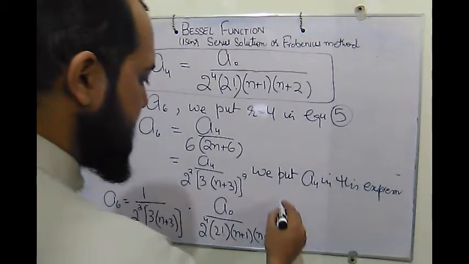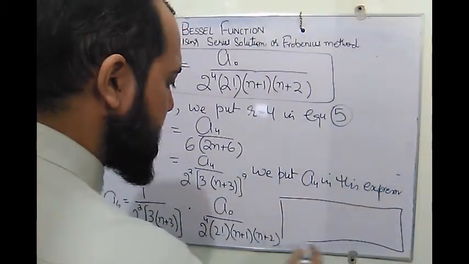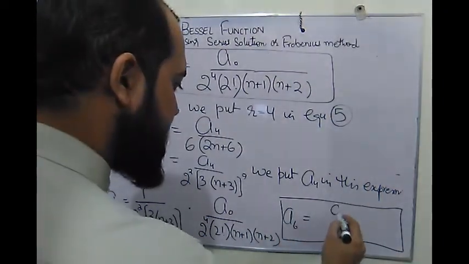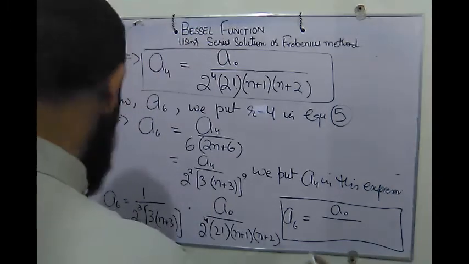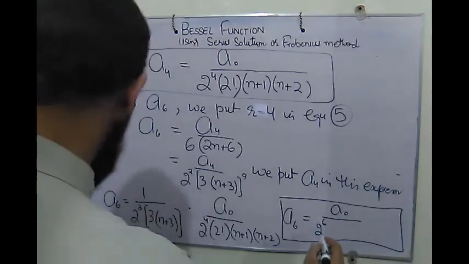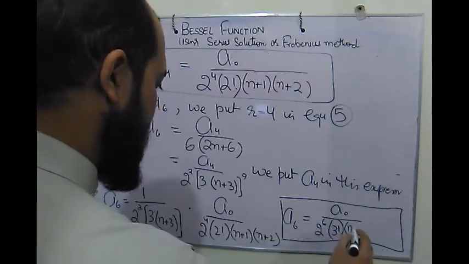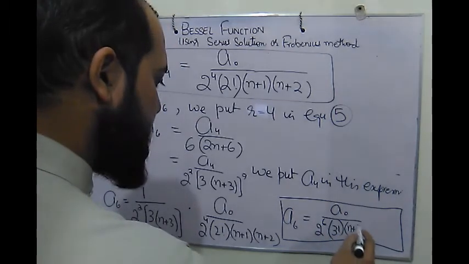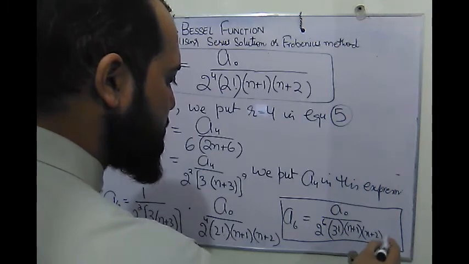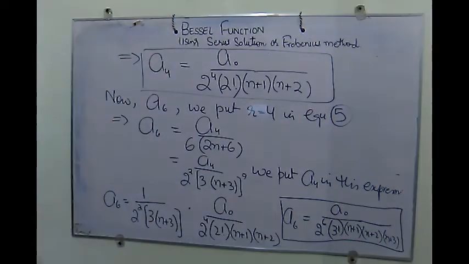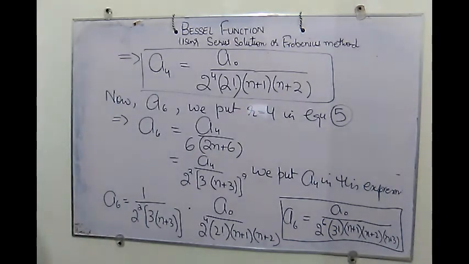So I write it here, a6 as a naught upon 2 raised to the power 6, 3 factorial, n plus 1, n plus 2 and n plus 3. So we see that there is a certain pattern now if we write all the coefficients in terms of a naught.